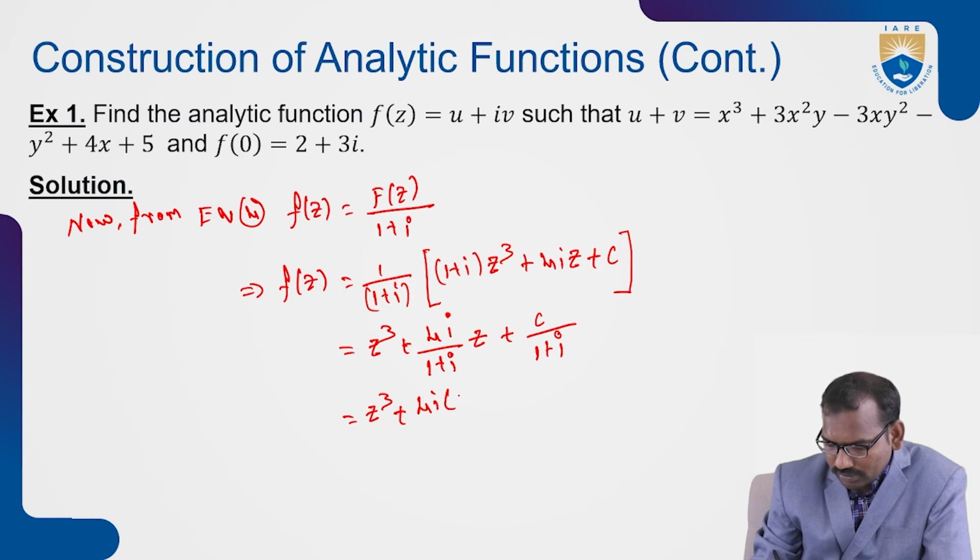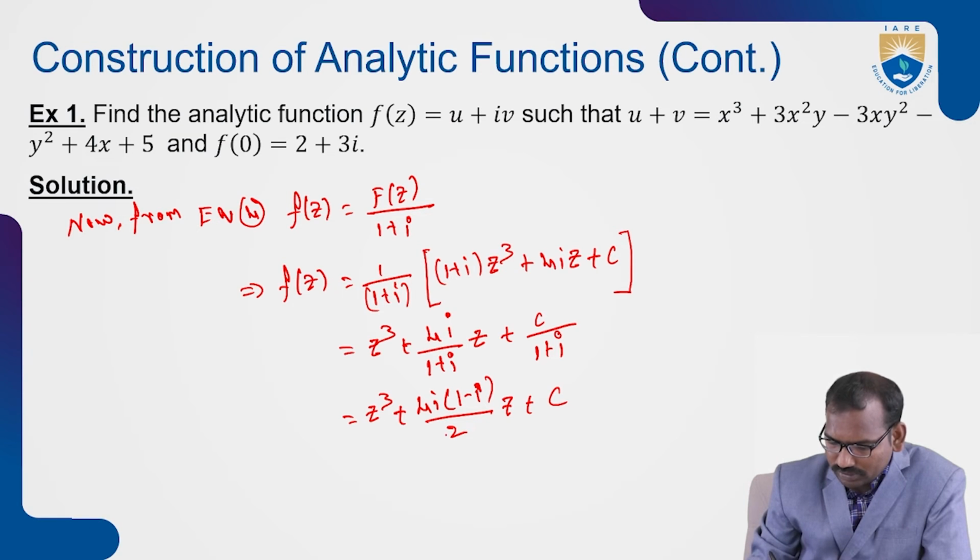It is 4i times 1 minus i by 2. Here you can multiply with 1 minus i, you can get 2, and z here, and this one I am writing as capital C, because C is an arbitrary constant.